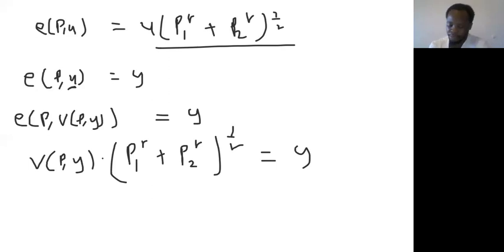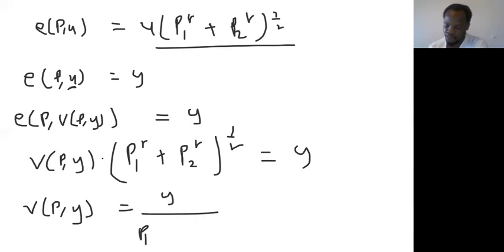I'm looking for v of y, so I divide both sides by this part, which gives me y over (p1^r + p2^r)^(1/r). Because it is mathematics, I can bring this up and make the exponent negative.